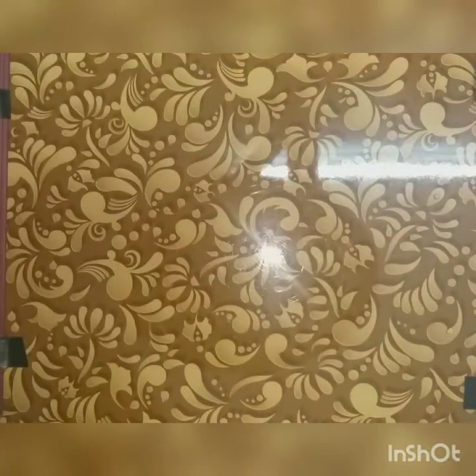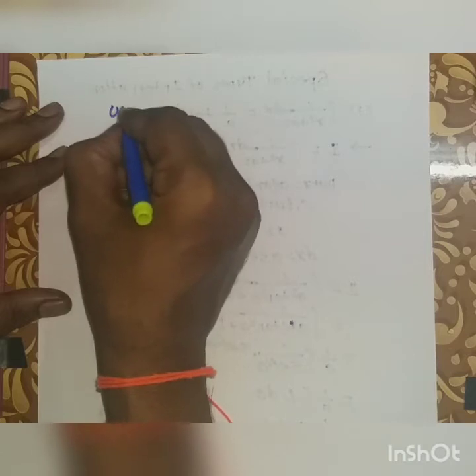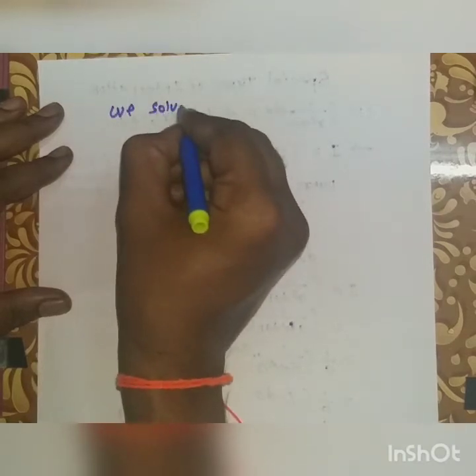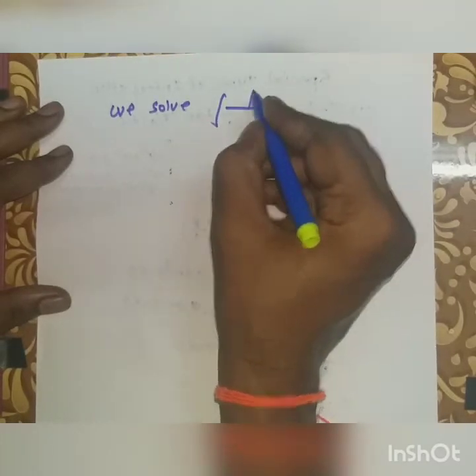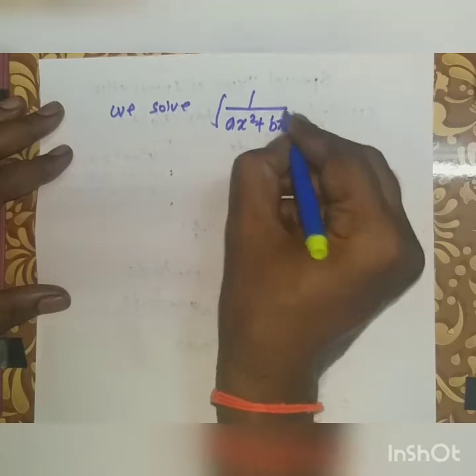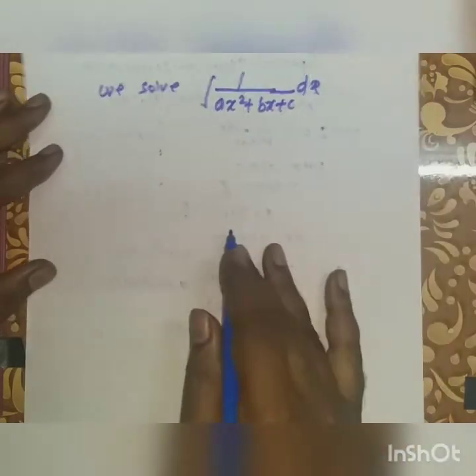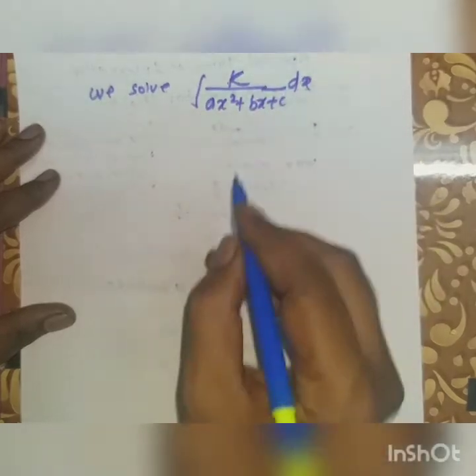Now by using these three formulas we solve the integration of type 1 divided by x square plus bx plus c dx. In place of 1 we take any constant, suppose k.